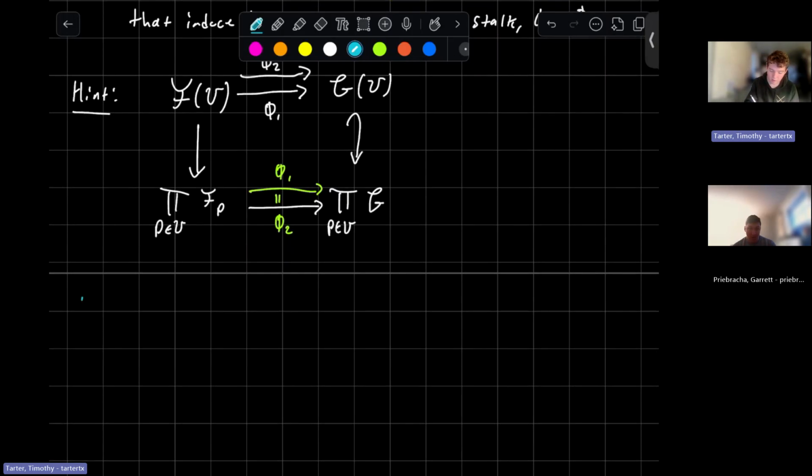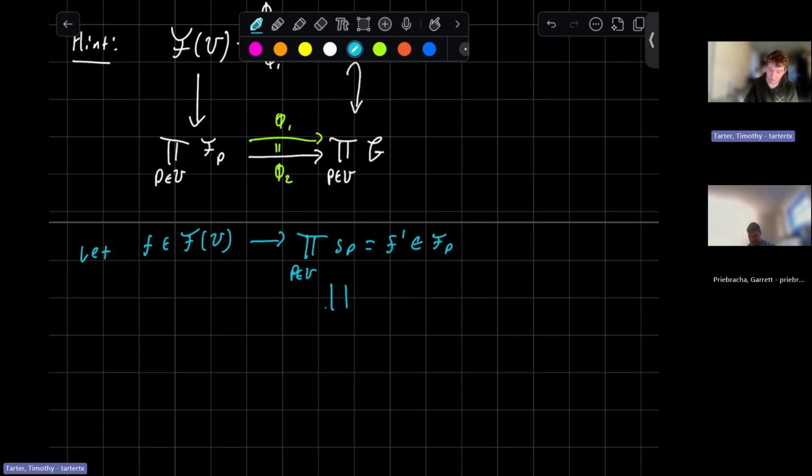So we want to start with F in the sections on U get mapped to its product of SP, and we'll call this F prime and FP.